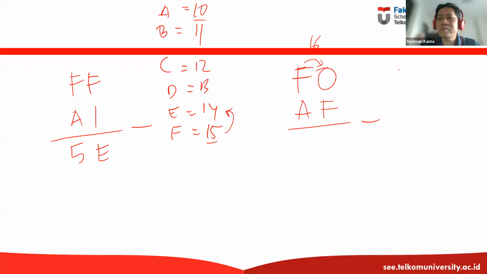So F will become E. And then 0 will become 16 because the borrowing value is 16. Now 16 minus F, F is 15. 16 minus 15 is 1. E is 14. A is 10. 14 minus 10 is 4. So the result is 4, 1.